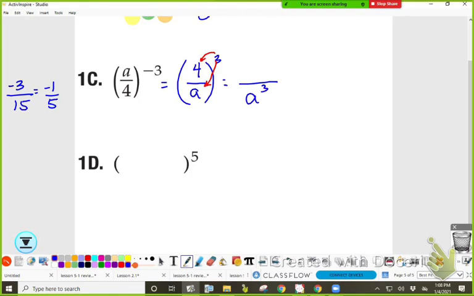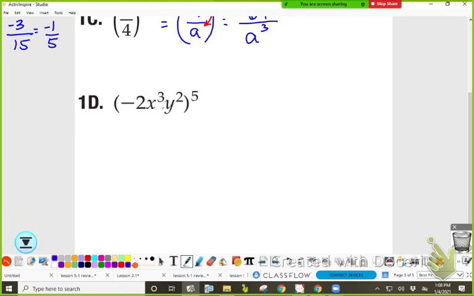What is 4 to the 3rd power? That's 4 times 4 times 4. Okay, so that's your answer. 64 over a to the 3rd. Last problem.